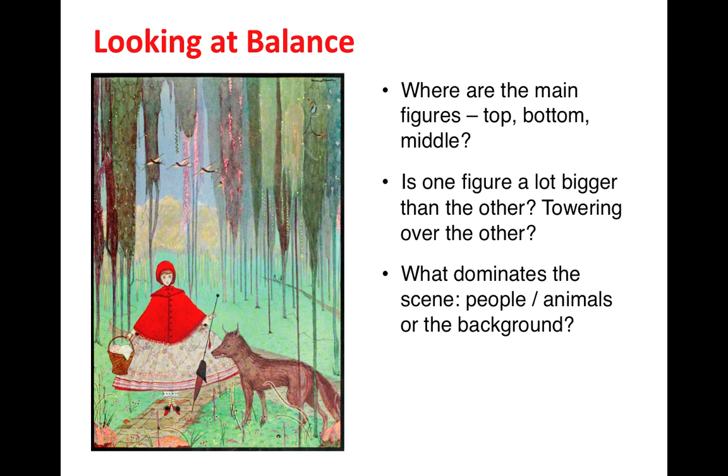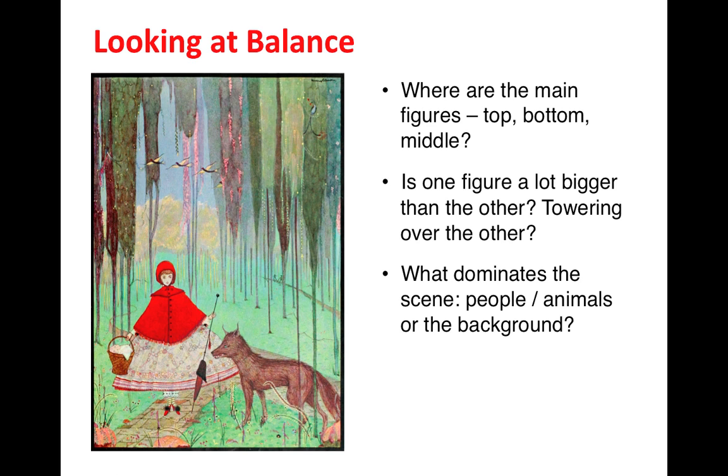And getting a little more technical, you can look at the balance in an illustration. Are the main figures at the top, positioned neatly in the middle, or are they at the bottom? Here, they're at the bottom. Is one figure a lot bigger than the other? Does one loom over or tower over the other? Here, Little Red Riding Hood is way bigger than the wolf. This is not true of all illustrations of Little Red Riding Hood.